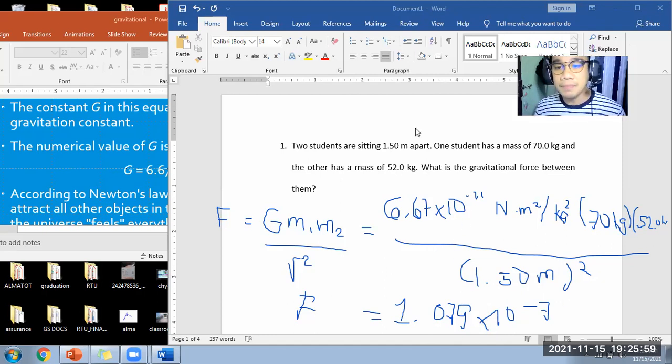Then, so unit of measurement natin dito will become Newton. Okay, kasi makakancel natin tong meter squared tas kilogram. Okay? So i-apply lang naman natin yung bawat given based dun sa problem natin. Nasundan ba yun?